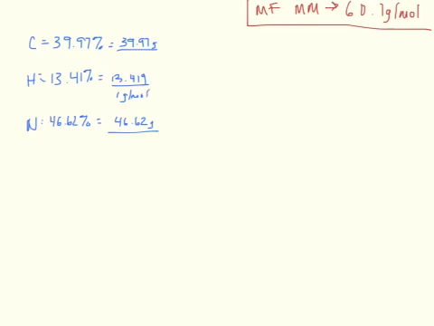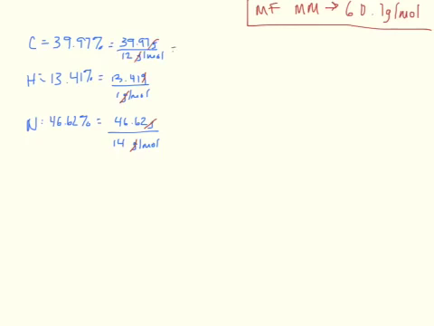Carbon is 12 grams per mole, and nitrogen is 14 grams per mole. Alright, so we're getting to our moles. We got our grams out of the way.